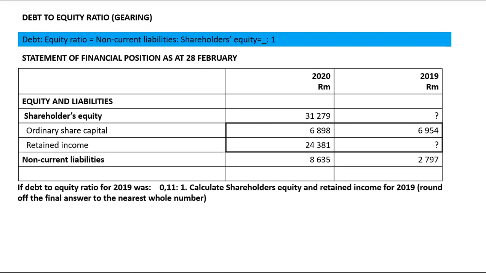Can't we find shareholders' equity first and then afterwards find retained income? Correct. How do we find shareholders' equity? Don't we put it into an equation and make it X?